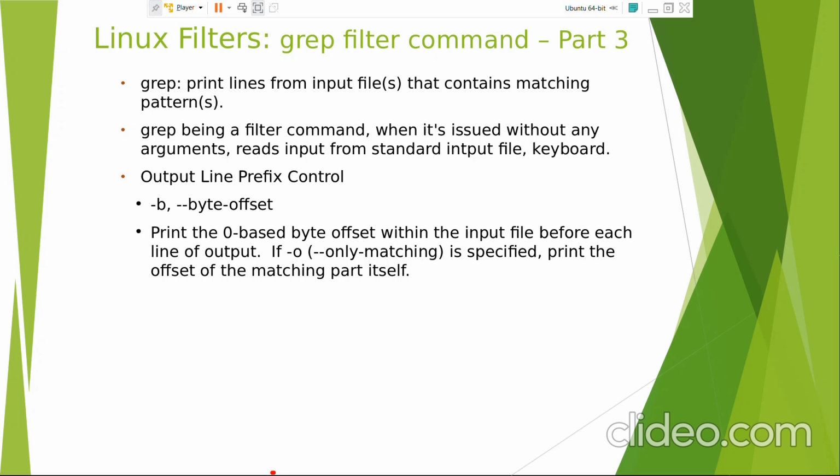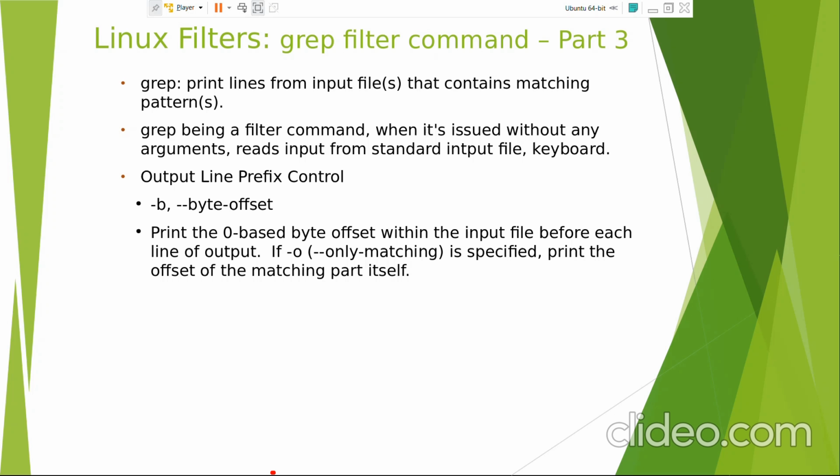So what does this option do? When you are specifying this option, whichever lines contain the matching pattern, for example, let us suppose the 10th line contains a matching pattern, 15th line, 18th line, 23rd line, 50th line, like that. Just let us assume. So for the 10th line, whatever offset the first character has from the beginning of the file.